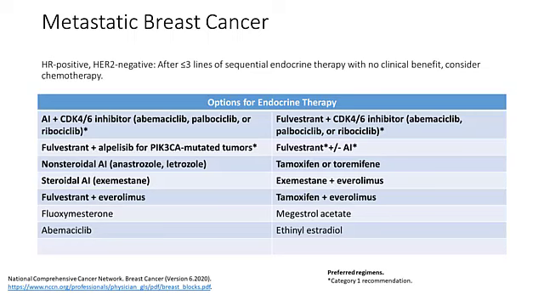Then that leaves us with some of the drugs that we've had for several years and that we continue to use as options for patients who have hormone receptor positive, HER2 negative metastatic breast cancer. The regimens and drugs that are recommended or preferred per the NCCN are in bold, and the ones that have an asterisk next to them have a Category 1 recommendation per the NCCN guidelines.